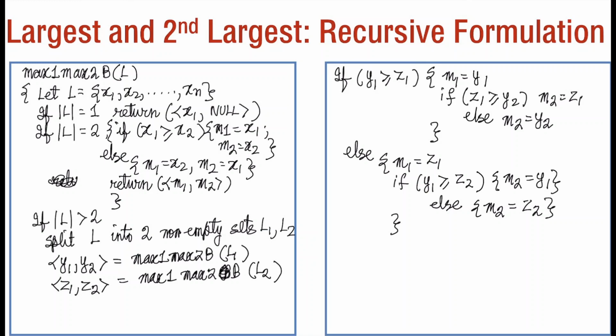This way we have now got our m1, m2, and we return m1, m2.